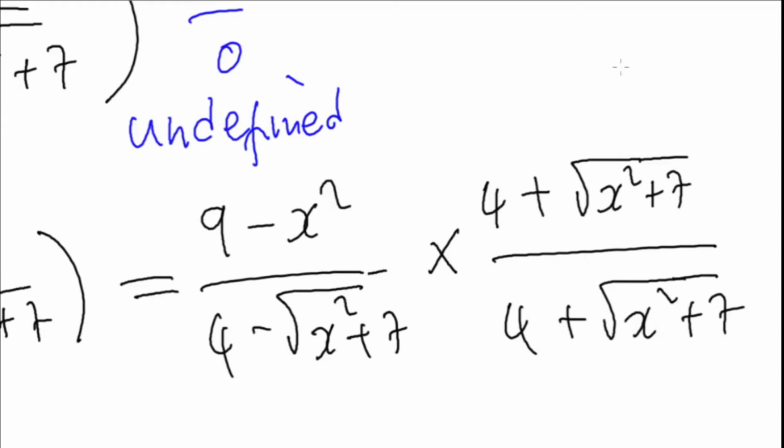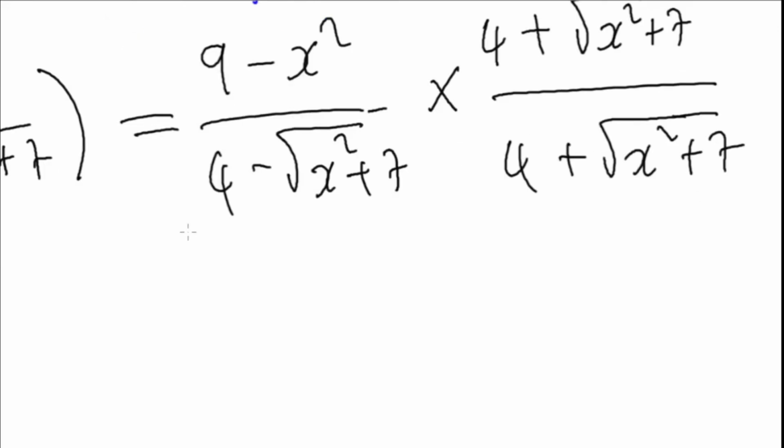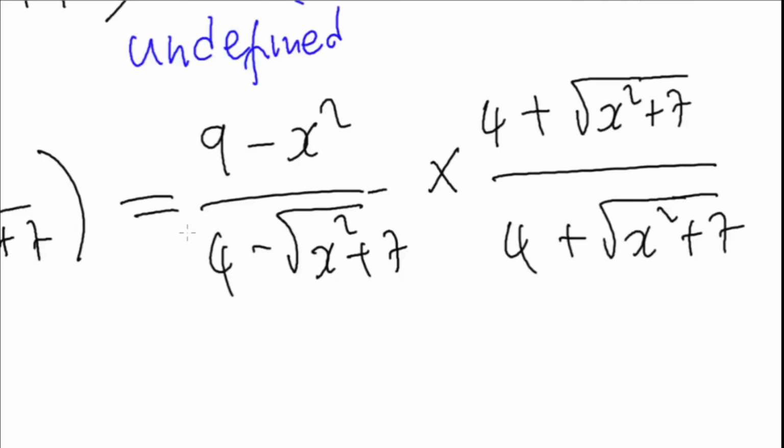Let me show you. This can cancel, so it's just 1. So 1 times this is the same thing. That's why we say it's like you have done nothing on it, but it helps to solve the limit.